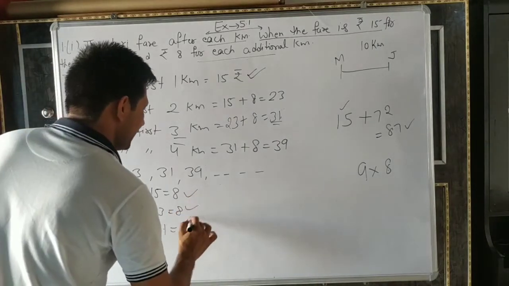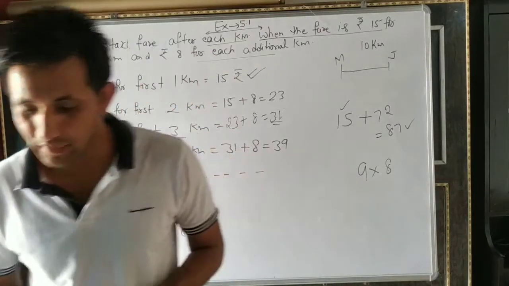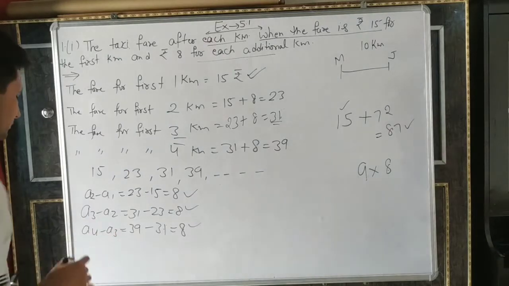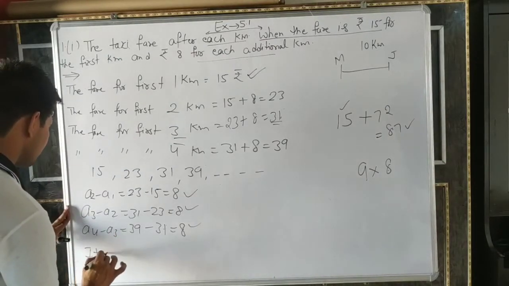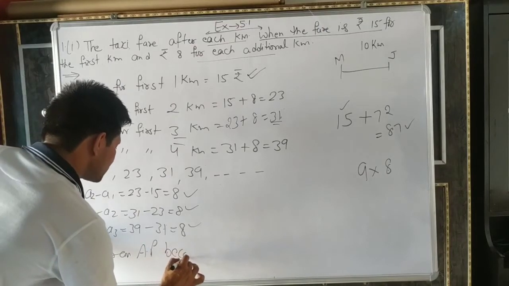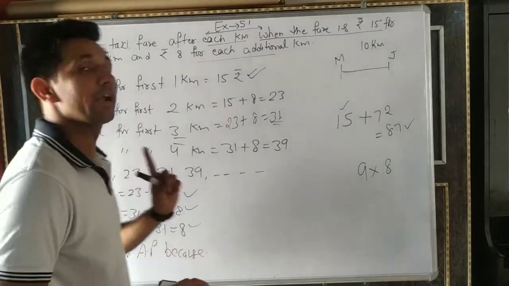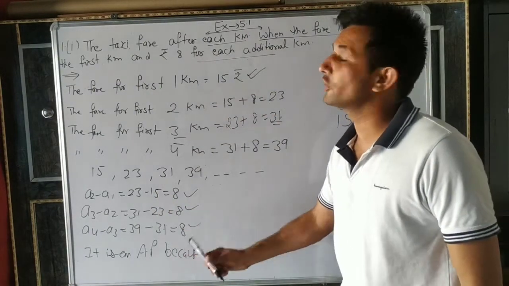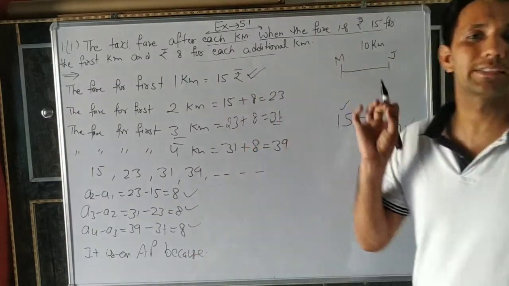So every time the common difference is the same, it makes an AP. So we will write it is an AP because the differences of two consecutive terms are every time the same.